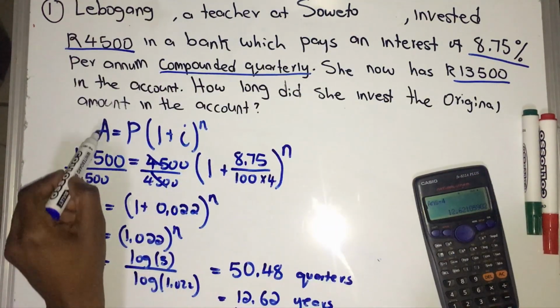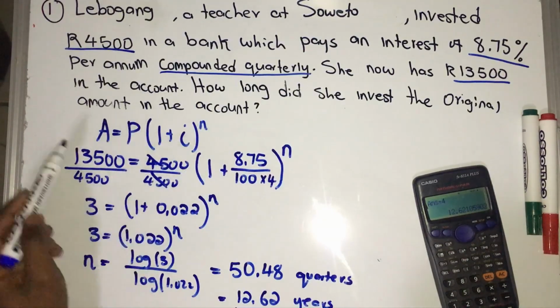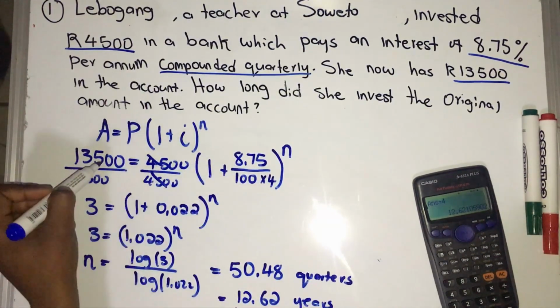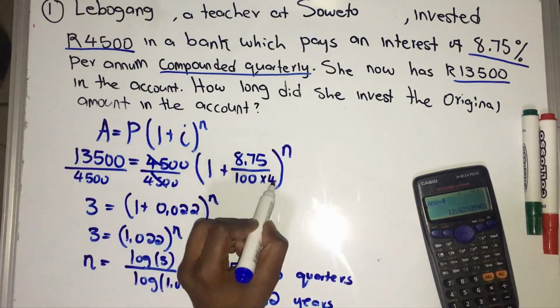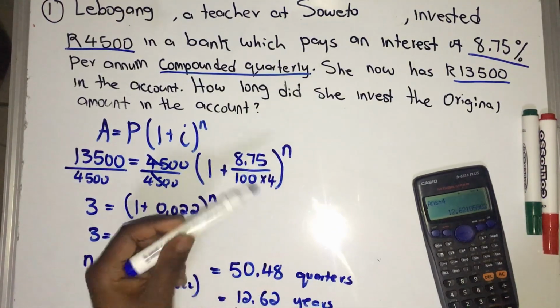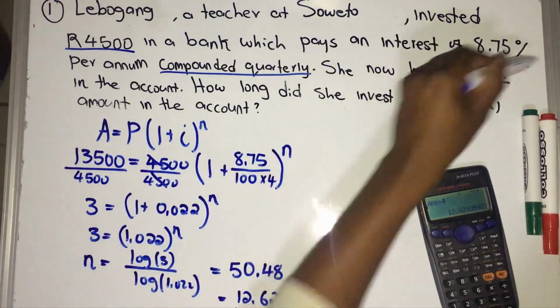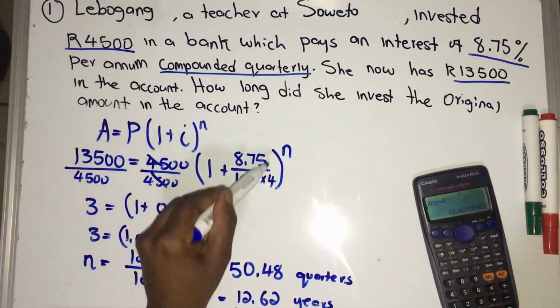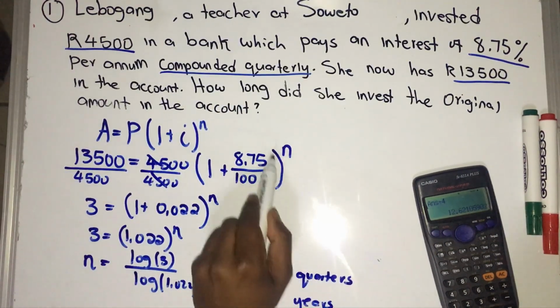Using the formula for compound interest, we put in what we're given, and we divided the interest by 4, because it's paid quarterly. The interest is per annum as indicated, but it's paid quarterly, so that's why we divided by 4.